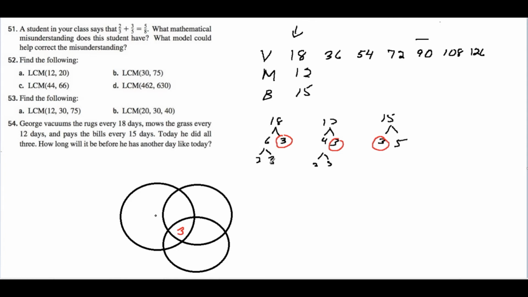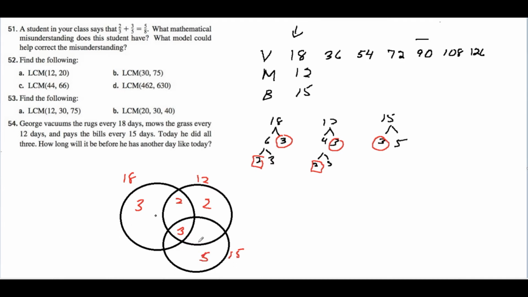But then we look at here, it's better to again mark what my numbers are. This is the 18, this is the 12, and this is the 15. Between the 18 and the 12, there is a common 2, and there's a 3 here, a 2 here, and the 15 has a 5 down here.